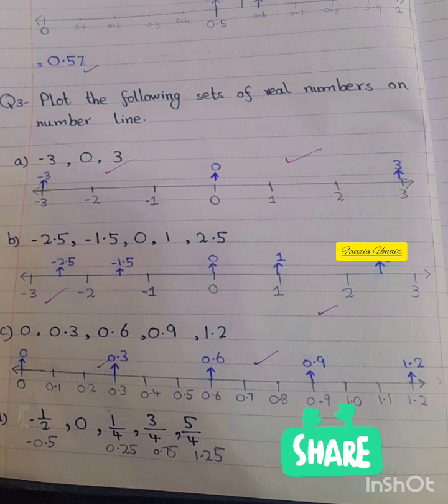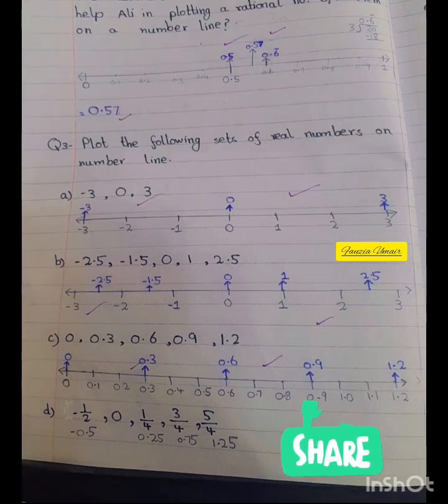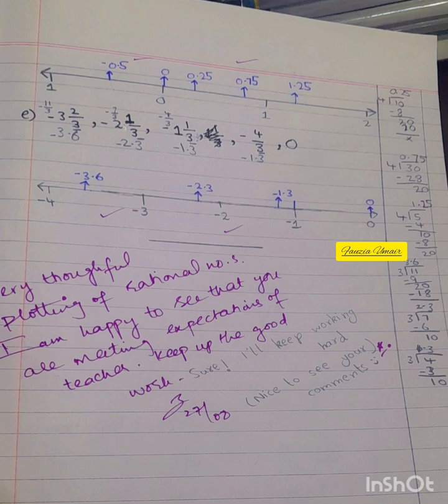In the D part especially, you can see that she has converted fractions into decimals first. 5 by 4 is 1.25, 3 by 4 is 0.75, 0.25 and minus 0.5. So she has plotted the decimals instead of fractions. In the E part also, I have plotted fractions on the number line, but my student has plotted decimals. So it's your choice which one you select.